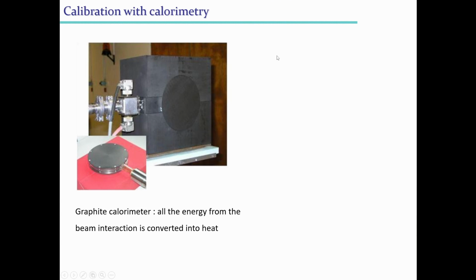How do we calibrate those chambers? To calibrate those chambers, we need a proper element, and this reference element is graphite. Calorimeters are made out of graphite because it's very nice. All the energy from the beam will be converted just and only into heat.